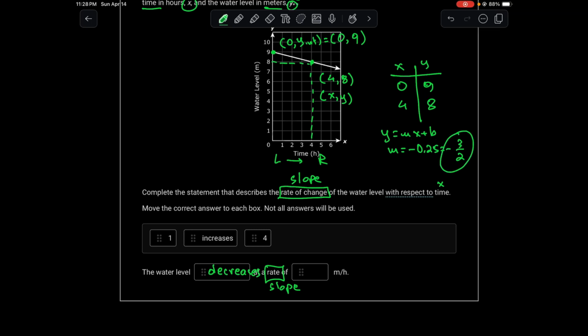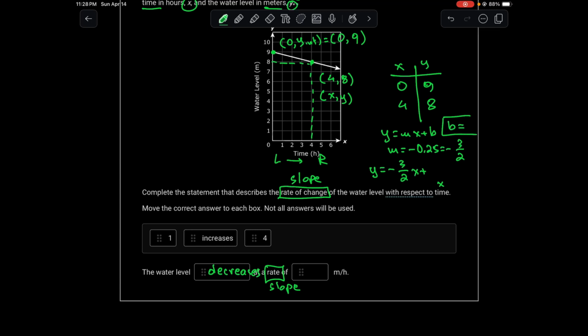If they want you to put a fraction, you put the negative 3/2. If they ask for the equation, it would be negative 3/2x plus, I think I forgot to write the b.